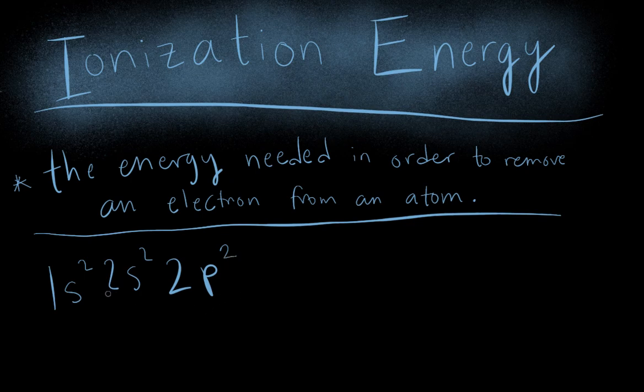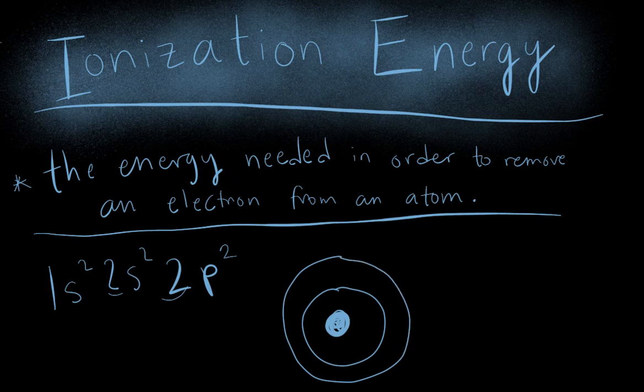Obviously our outermost shell is the second shell, because we have a maximum coefficient of 2. So if we draw this out, we have our nucleus right here, and then our first shell, and then our second shell. The inner shell has 1, 2. The second one could hold a maximum of 6, but in this case we only have 4. So that's 1, 2, and 3, 4.